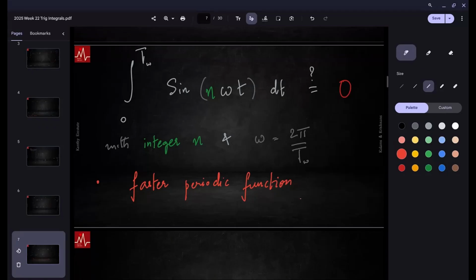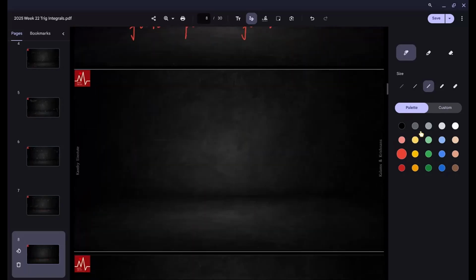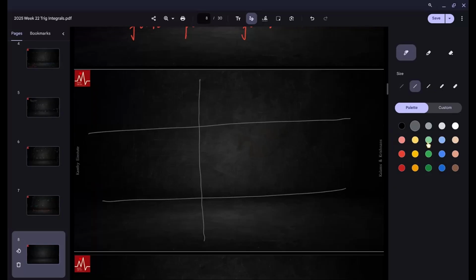By 2 pi n, 1 minus 2 cos 2 pi n cos 2 pi n. No, it's not. Again, I'll try to draw this as accurately as possible.